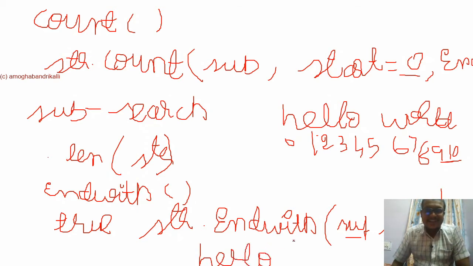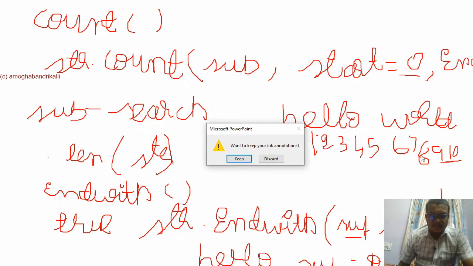If you give the suffix as O, the searching element is O, and the string ends with O here itself, hence it is true. If you give the suffix as H, the ending value is not an H, hence it gives the answer as false.